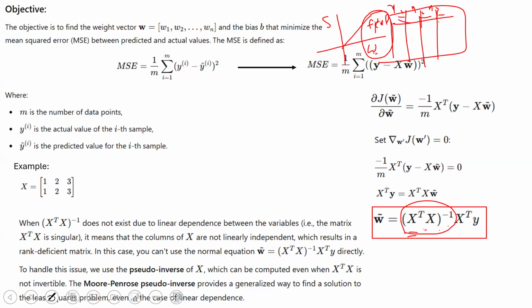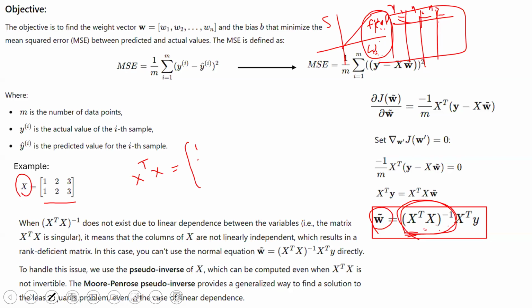When such dependent variables are there, if there is a relationship between such variables, then the inverse of a matrix does not exist. If the inverse of a matrix does not exist, we cannot calculate the W. For example, if you take this example X, if the data that is given to us looks like this, and if you calculate X transpose X, how does this look like?